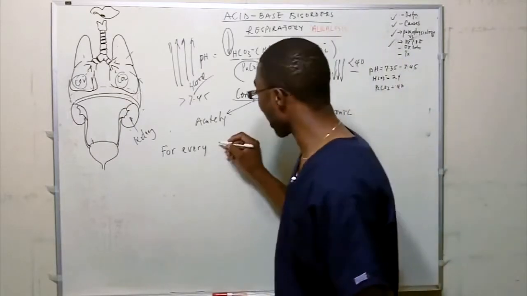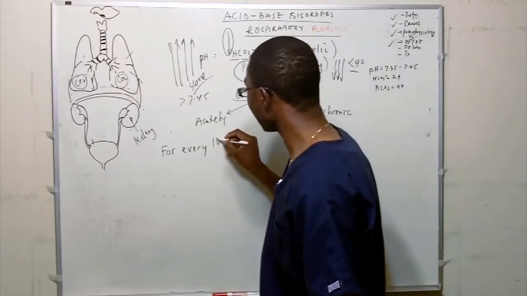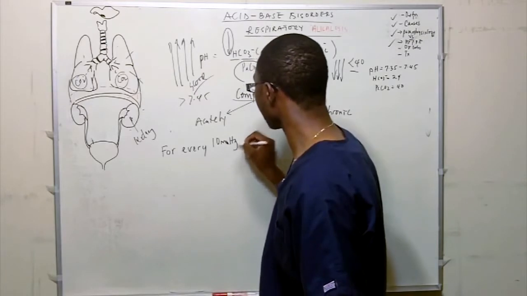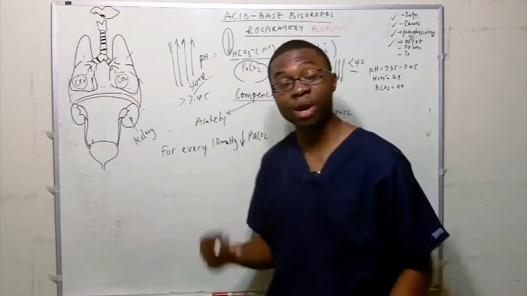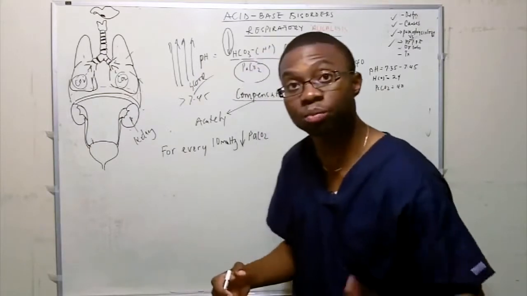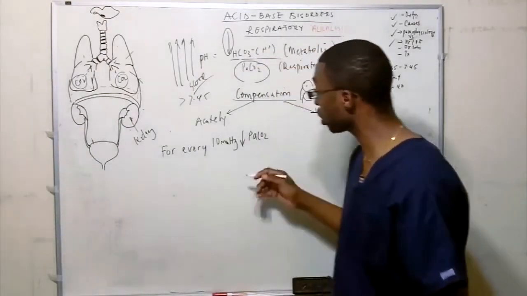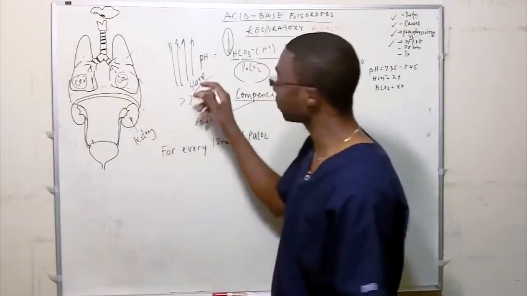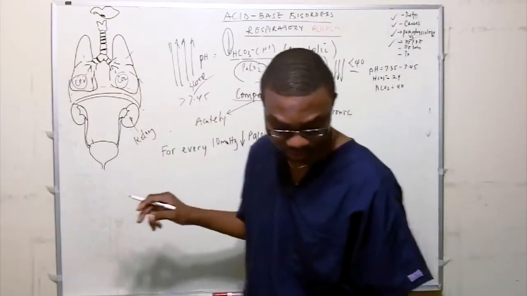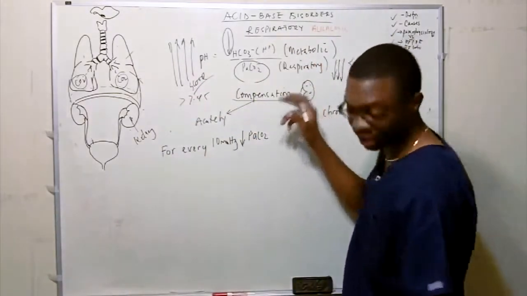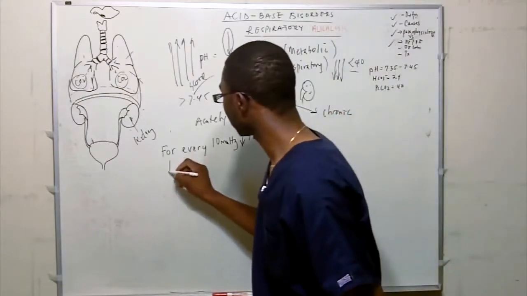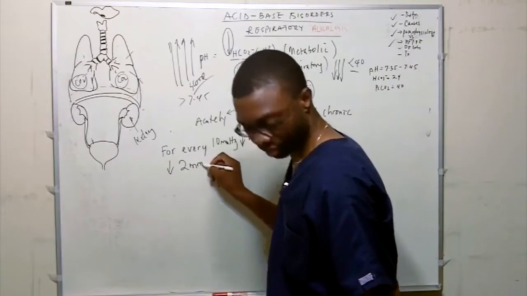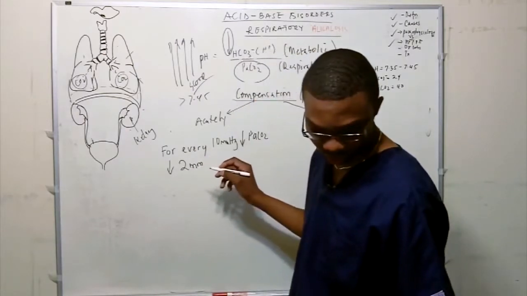Acute, for every 10 millimeters of mercury decrease in PaCO2, which is the primary problem, we're breathing out too fast, so we're blowing out all the CO2. What do you think is going to happen to our pH? Our bicarb actually decreases by 2 millimoles per liter.